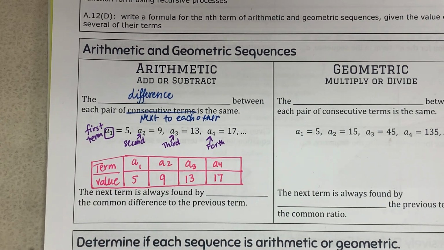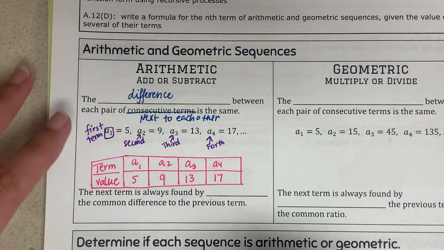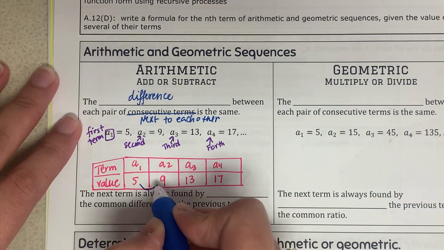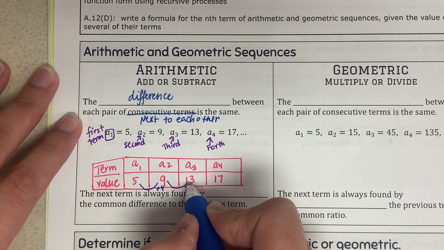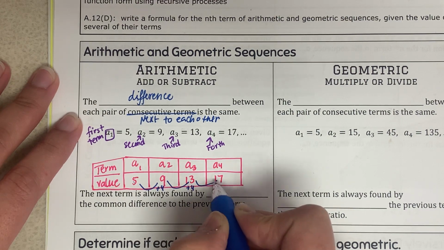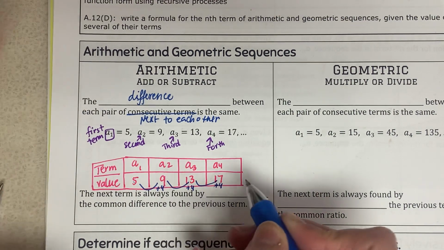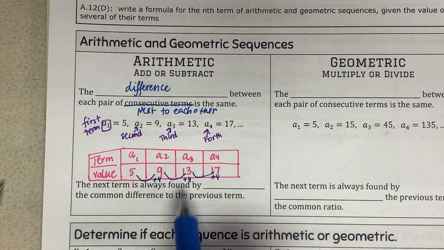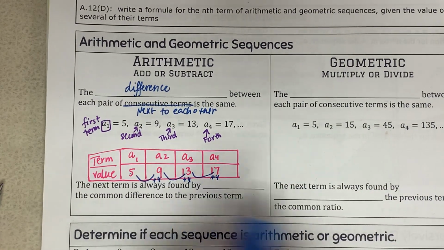So in an arithmetic sequence, you are going to notice that you are either adding or subtracting. So how did you go to 9 from 5? You did plus 4. How did you go from 9 to 13? Plus 4. How did you go from 13 to 17? Plus 4. So D, the common difference, is positive 4.